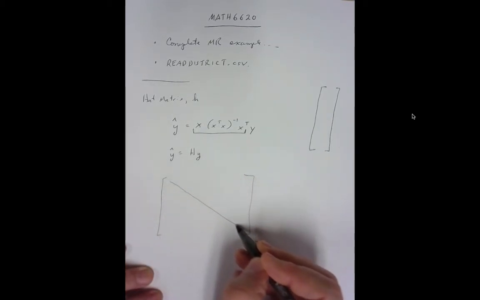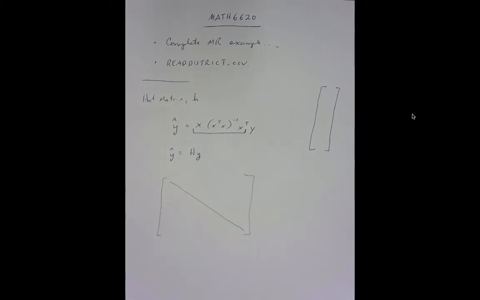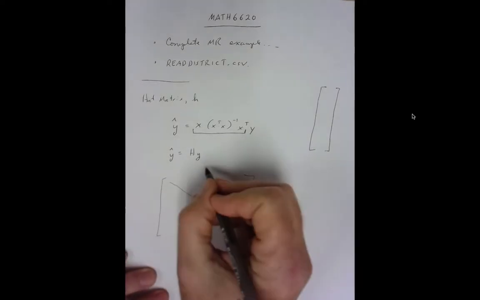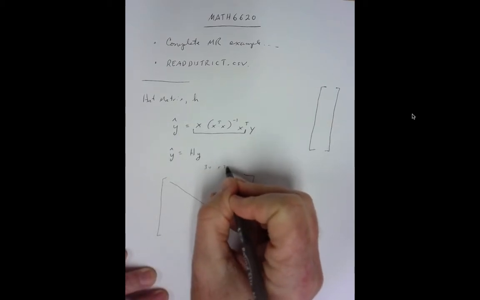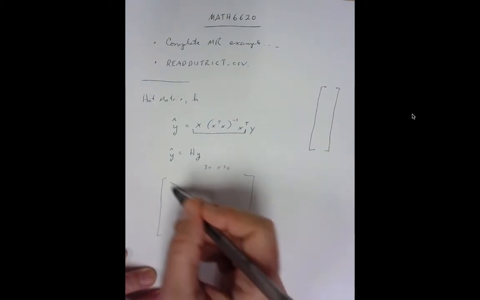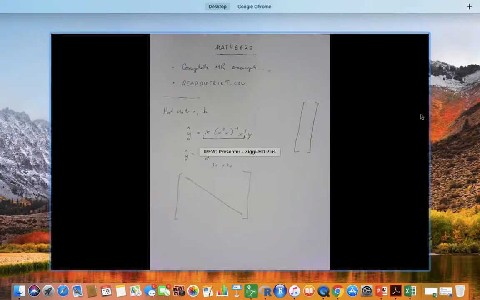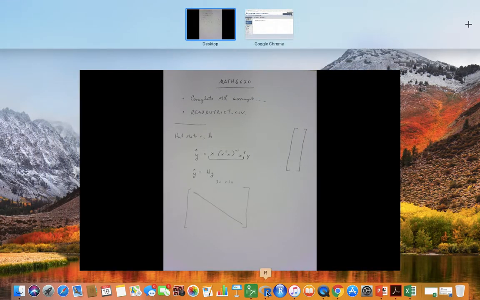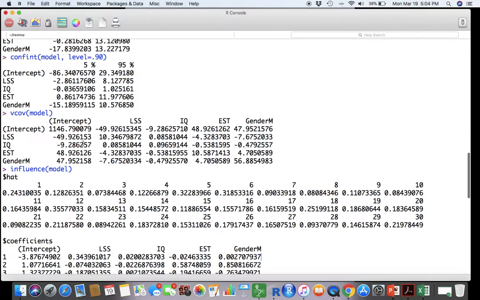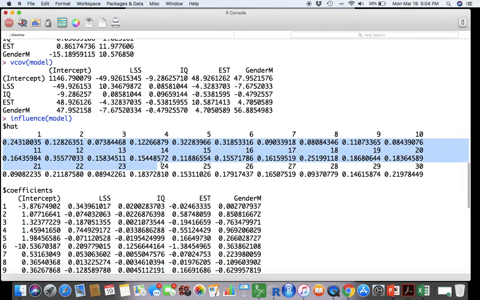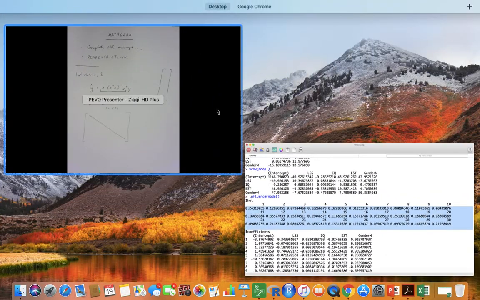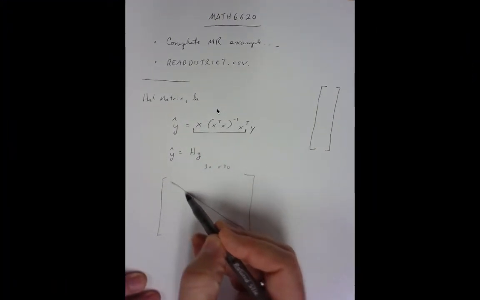And these diagonal values tell us some cool things about the influence of the cases. So we ultimately have a 30 by 30 matrix, so we have a diagonal of 30 units. Let me go back to R. That's what you're seeing right here. These 30 numbers that I've just highlighted would be the numbers that would be right here.